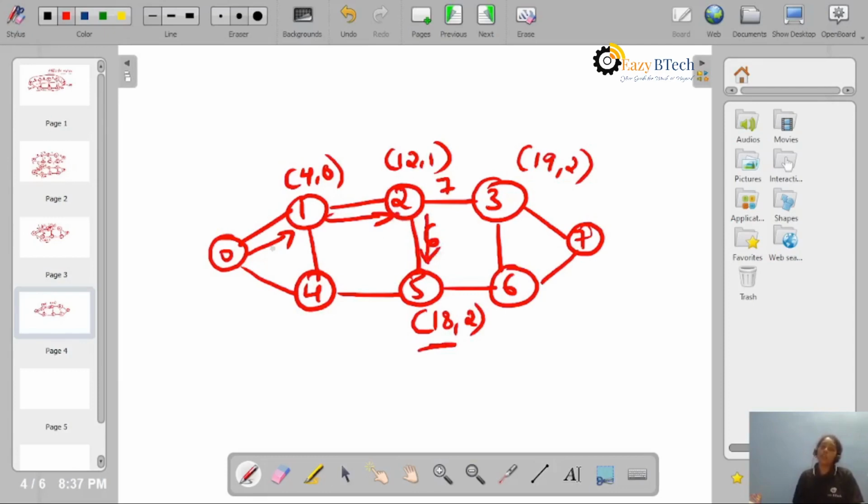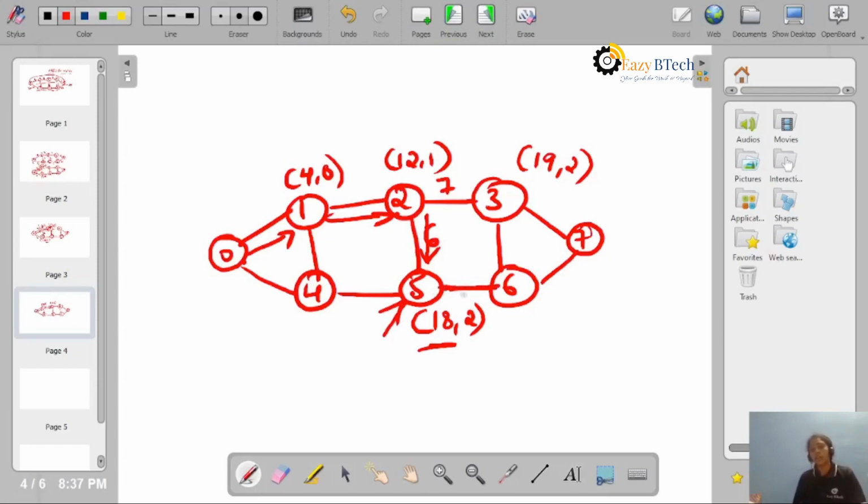So using the minimum cost, I am setting a path from vertex 0 to 1, 1 to 2, 2 to 5, right? So now consider 5 as the source vertex. See what the adjacent vertices from 5 are. There is only one adjacent vertex, 6.